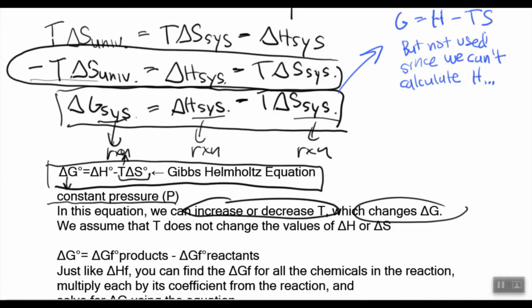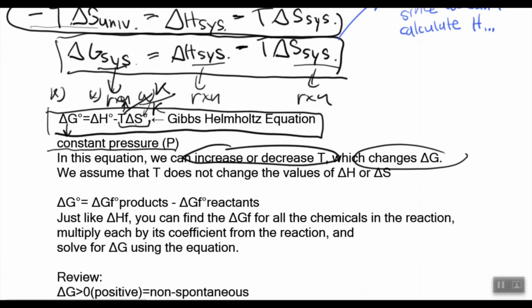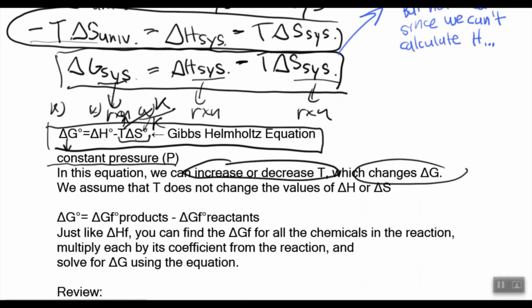And if you increase T, you're subtracting a bigger term, and that will decrease G. And note that T is in kelvins, and your ΔG, ΔH, and ΔS should all be in the appropriate units, whether you choose kilojoules for everything, and for ΔS it would be kilojoules per Kelvin, since it has some interesting units going on. But the point is that the equations have to have the right units for it to work. So keep things consistent, and we will do an example just to reinforce that idea.